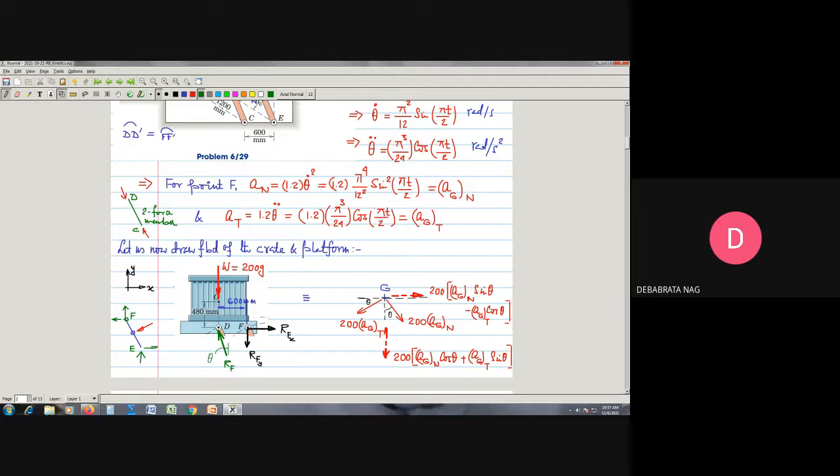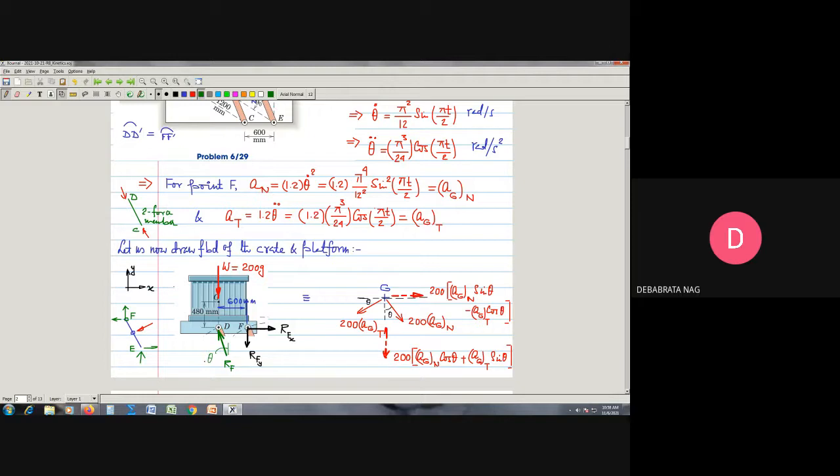So the corresponding reaction forces at point F will be RFX and RFY, and since this CD link is a two-force member, this will be the reaction force offered by the link CD on the platform at point D. So this will be the reaction force RF, and let us suppose that the angle made by this reaction force with the vertical is theta, and this theta is actually the angle made by these links with the vertical.